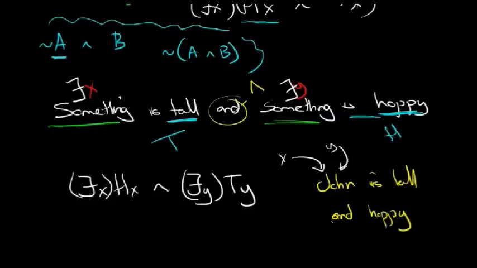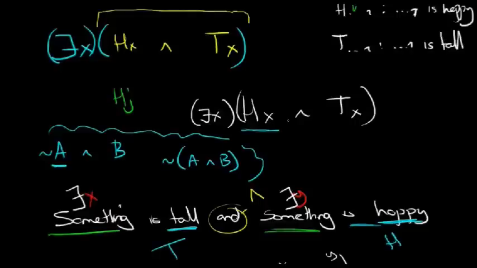We're going to need some extra mechanisms in order to show that the x and y definitely don't stand for the same subject. So ex, hx and ey, ty means something is tall and something is happy, where they could be distinct objects or they could refer to the same thing. If we just used one variable, as we did up here, ex, hx and tx, then they have to be the same thing, right?